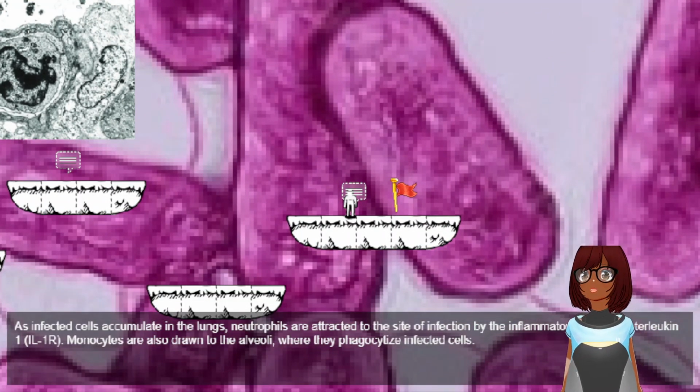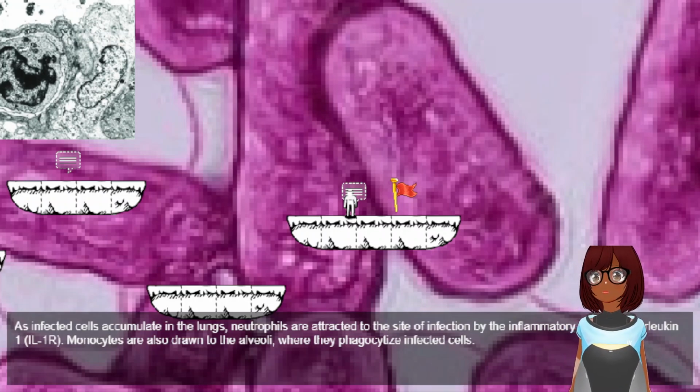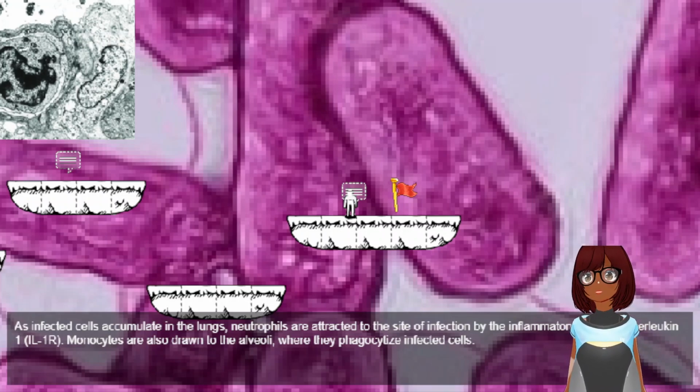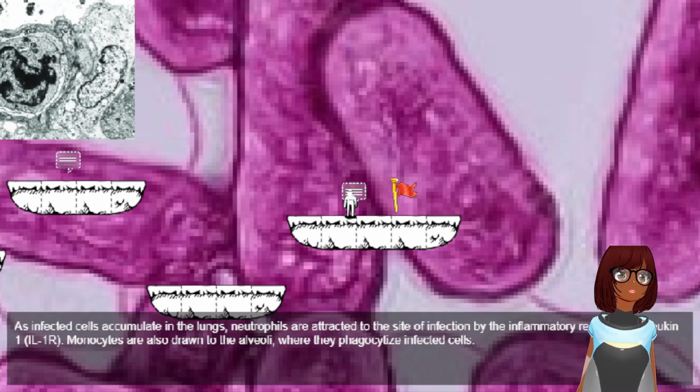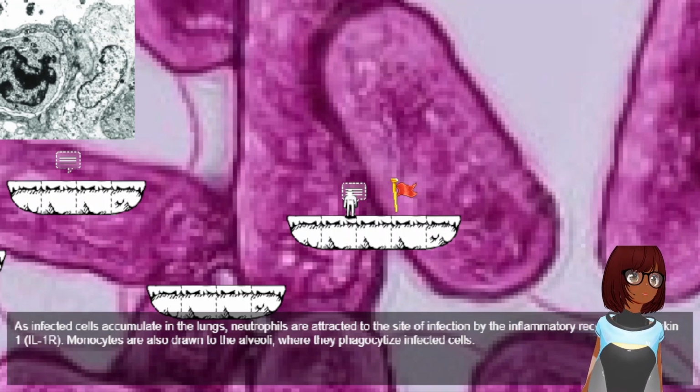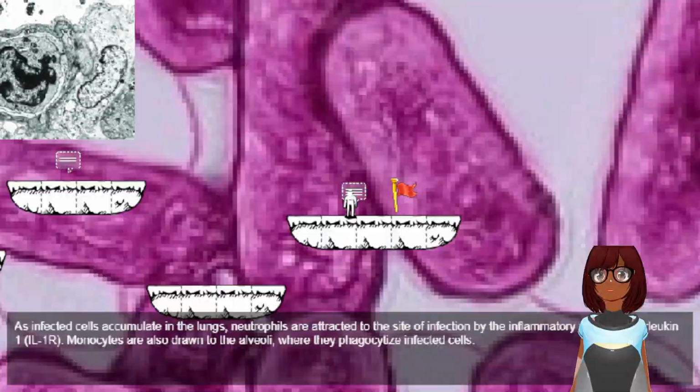As infected cells accumulate in the lungs, neutrophils are attracted to the site of infection by the inflammatory cytokine interleukin 1. Monocytes are also drawn to the alveoli where they phagocytize infected cells. And behind us we have microscopic images of the pathogen that we are studying today.